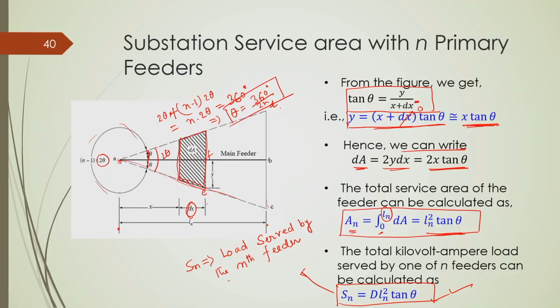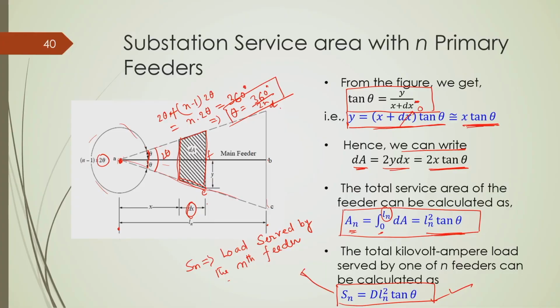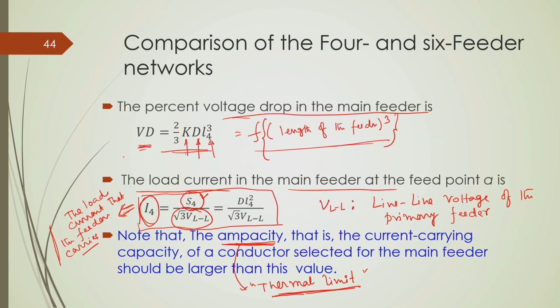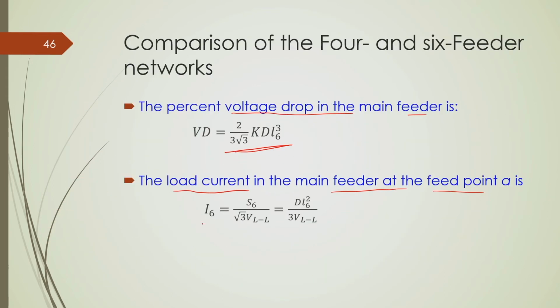So, the maximum load current will occur here and slowly reduce to 0 at the end point, beyond the last customer of the feeder. The maximum load current will take place at the substation, and we can determine that load current as I6, which is equal to S6 divided by root 3 V line to line.